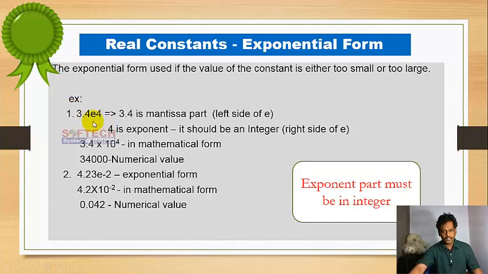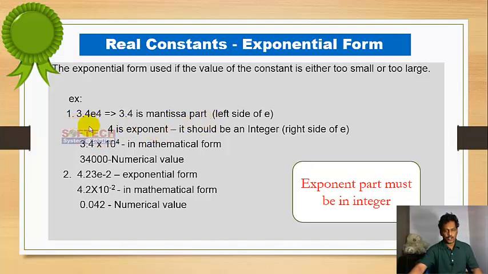Before the e is the mantissa, after the e is the exponent. In this example, 4 is the exponent and 3.4 is the mantissa. Collectively it is called the exponential form.